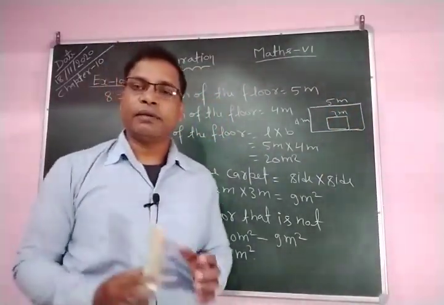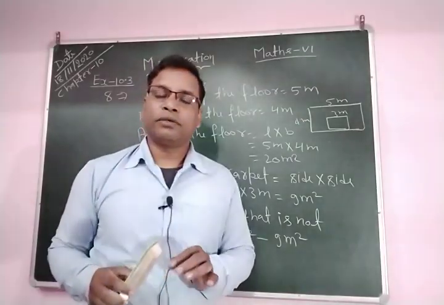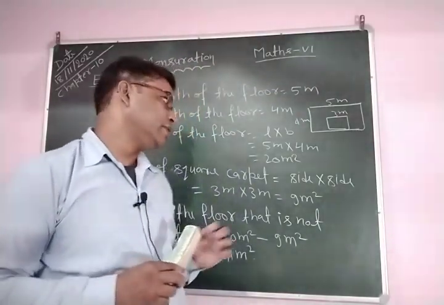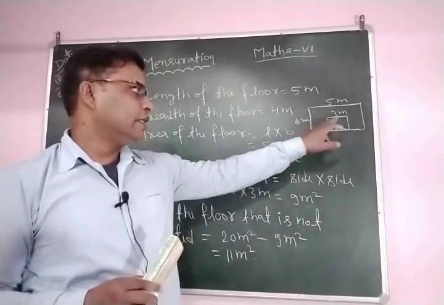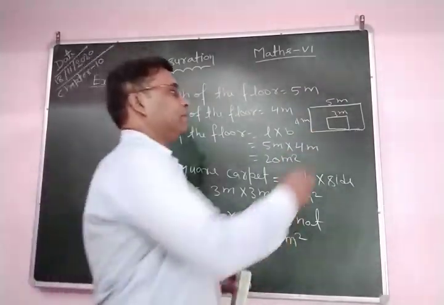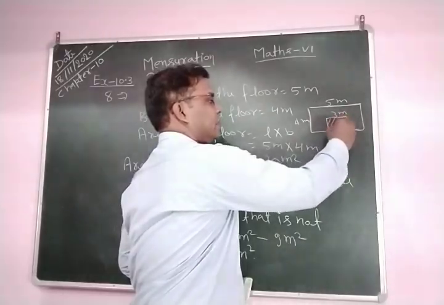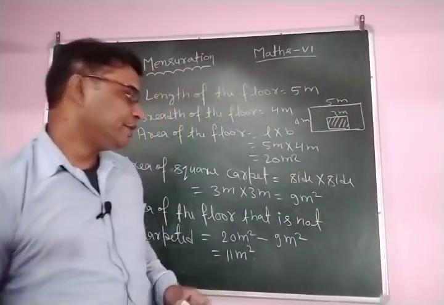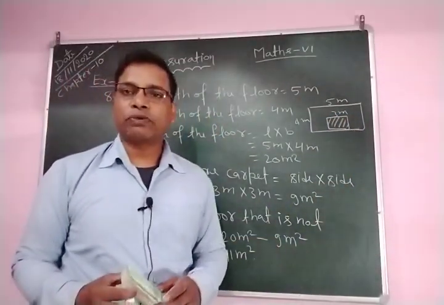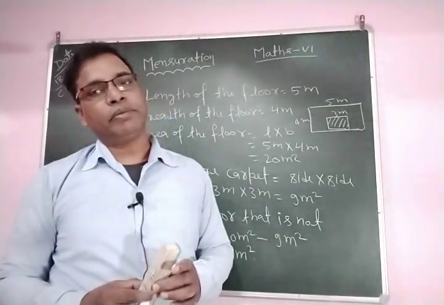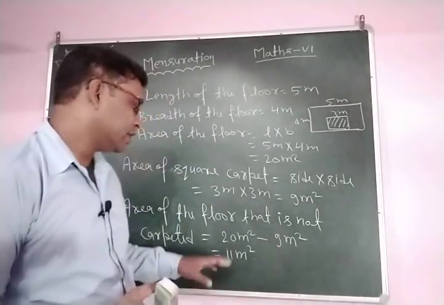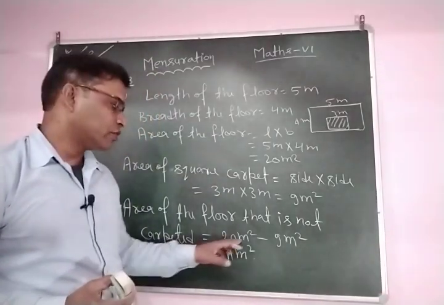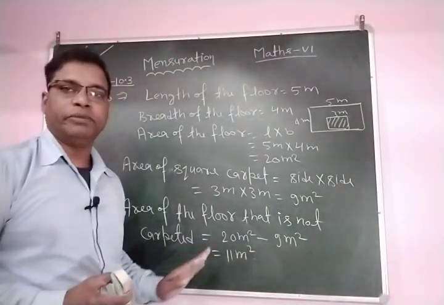So we need to find the area of the floor that is not carpeted. First we find the area of the floor is 20 square meter, and again we find the area of this square carpet, which is 9 meter square. When we subtract the area of the square carpet from the area of the floor, we obtain the area of the floor that is not carpeted. So here you can see we subtracted 20 meter square minus 9 meter square, which is equal to 11 meter square.